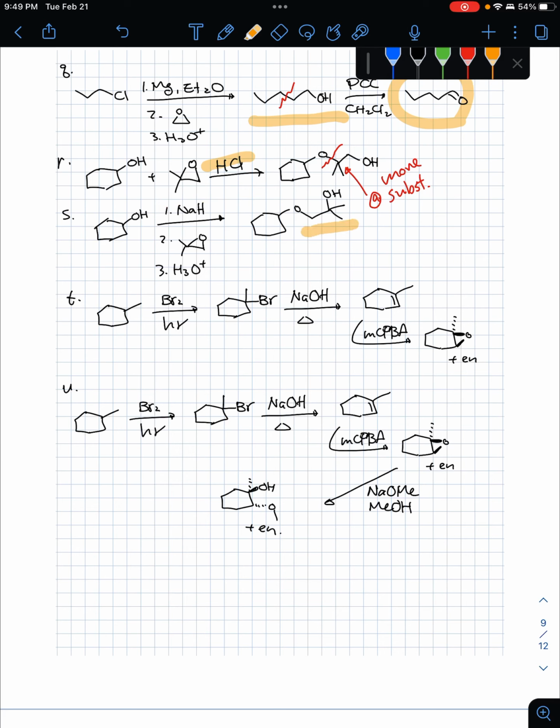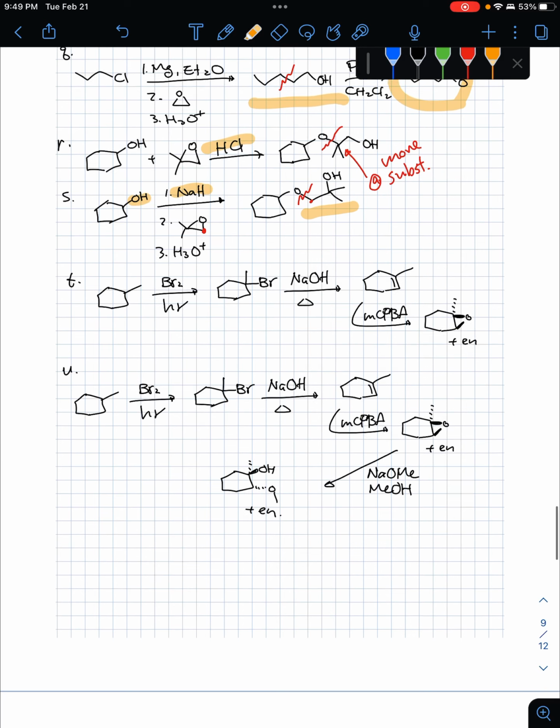In this product, in S, the alkoxide seems to be opening the epoxide at the less hindered carbon, so this carbon. That would only happen under basic conditions followed by acidic workup to protonate. So that's why we have basic conditions to make an alkoxide.